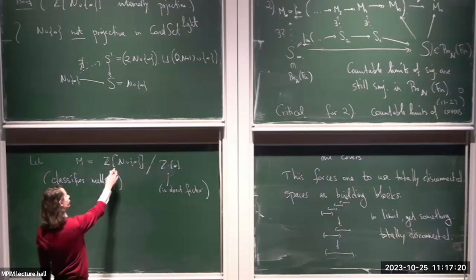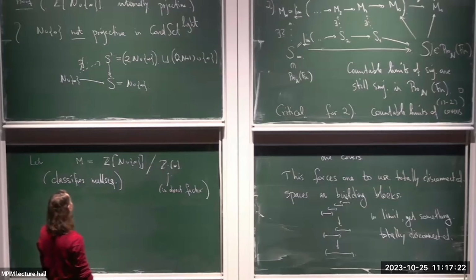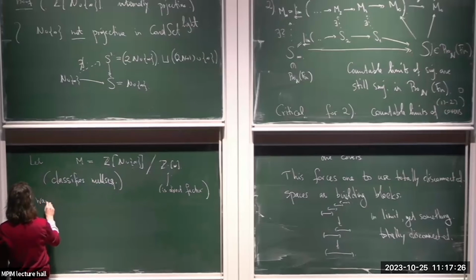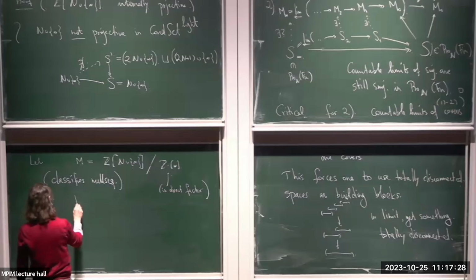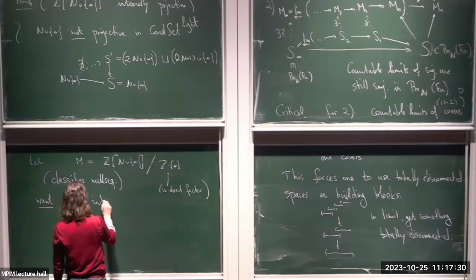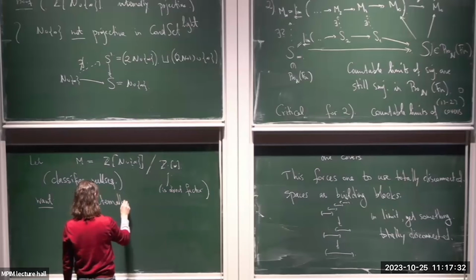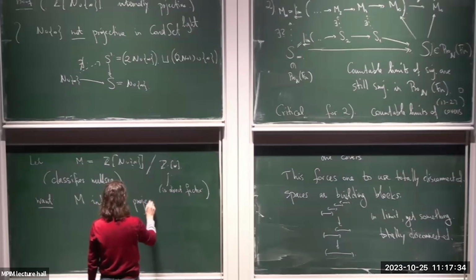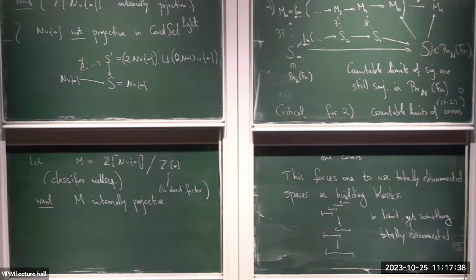And free guy on a convergent sequence, but then the limit point should be 0. So we want to show that this guy is internally projective. And let me actually focus on the projectivity and then just at the end say a few words why it even works internally.